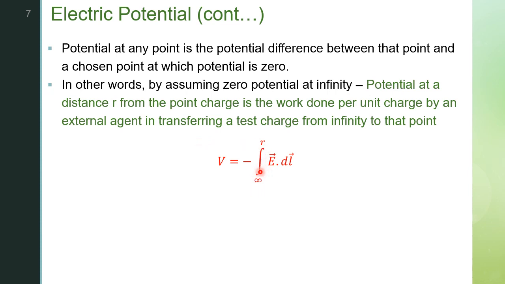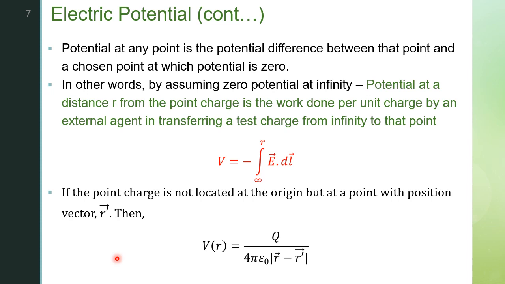So we are choosing the reference point to be infinity and bringing the charge to a point at distance r from the origin. That potential V is given by minus integral from infinity to R of E dot dl. Earlier it was from RA to RB; here we have made RA infinity and RB equal to R. Therefore, potential is the work done in moving a positive unit charge from infinity to a particular point.